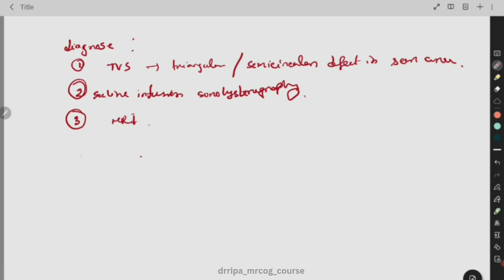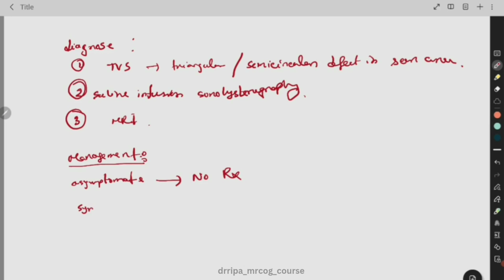So lastly, how do you manage a Caesarean scar niche? If the woman is asymptomatic, then usually no treatment is needed. Just reassurance.